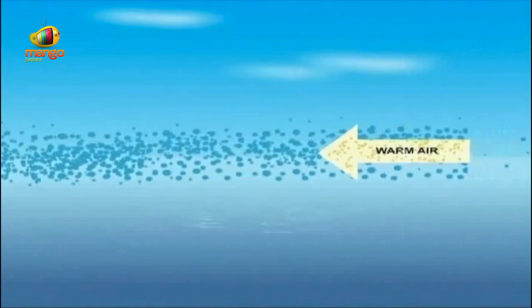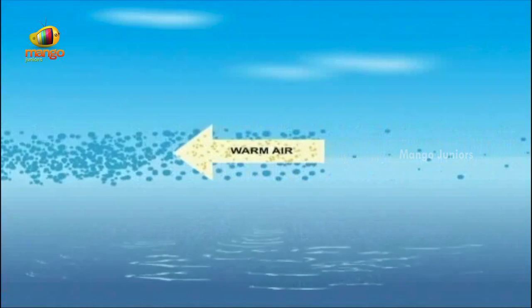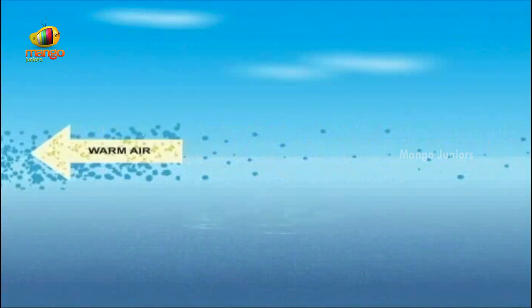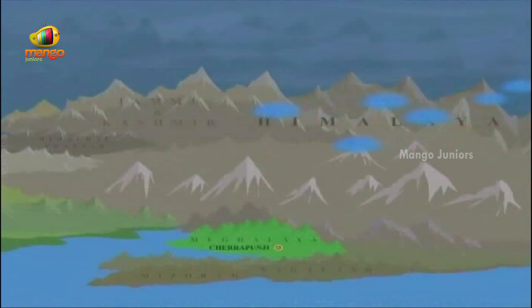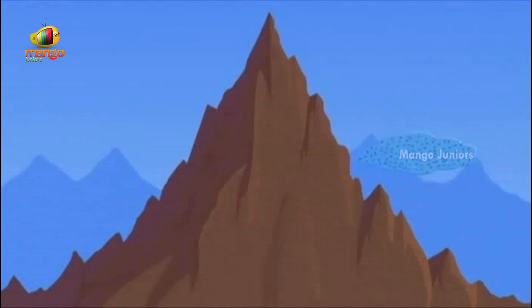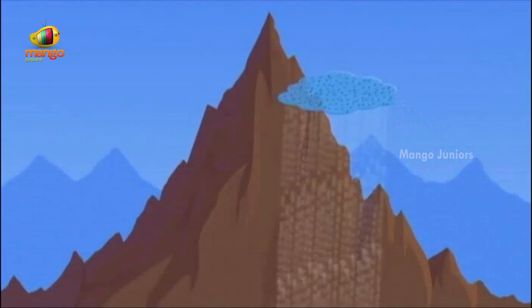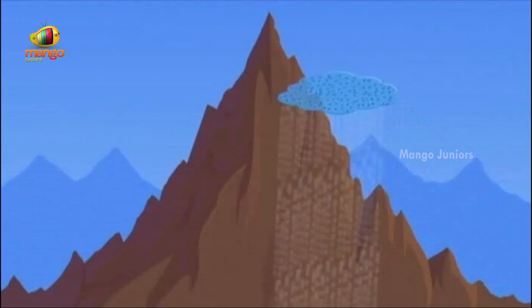These warm winds absorb millions of tons of water from the ocean. As they travel up the southern slopes of the Himalayas over Cherrapunji and other places, they cool and release water in torrents of rain.